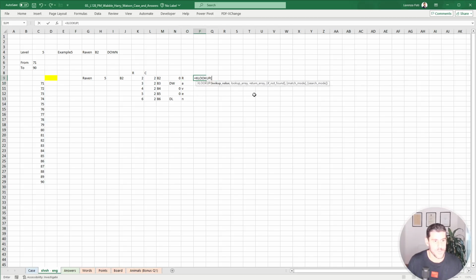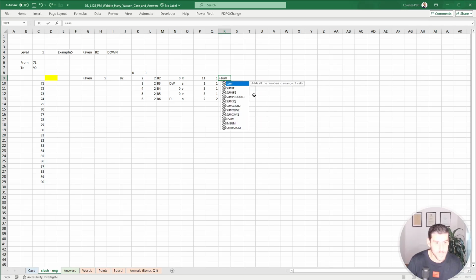I want to XLOOKUP those into the letters, giving me back the points. I want to say if this equals DL, it's 2, otherwise 1.